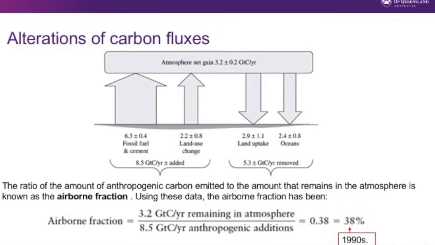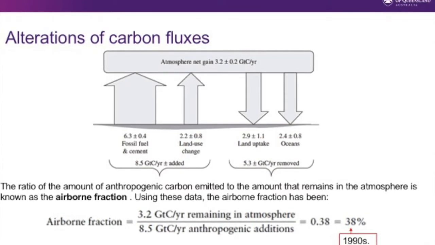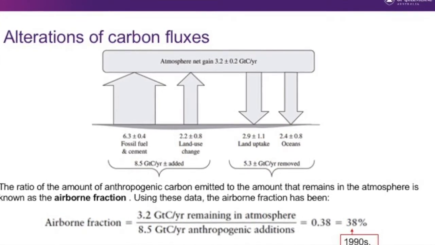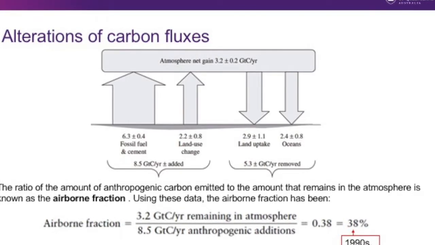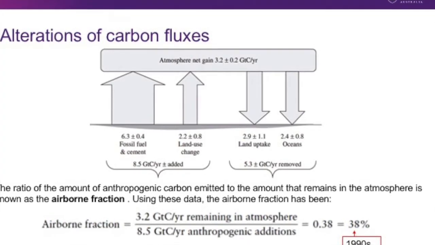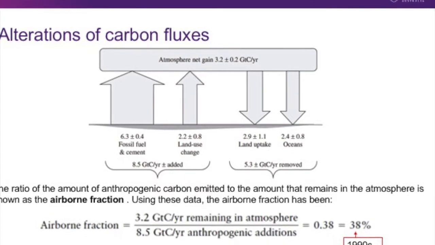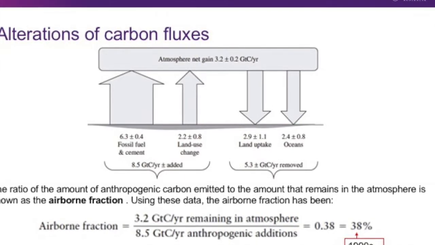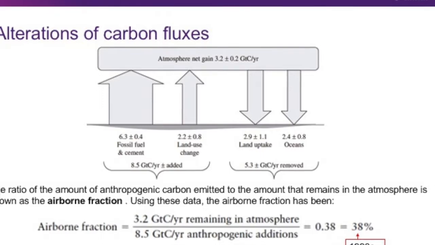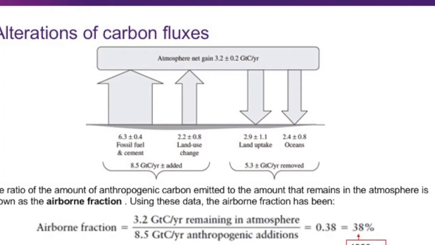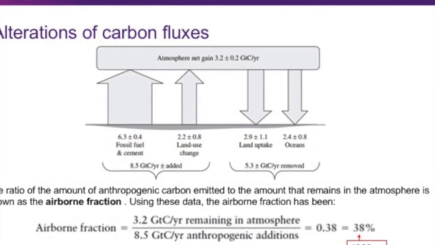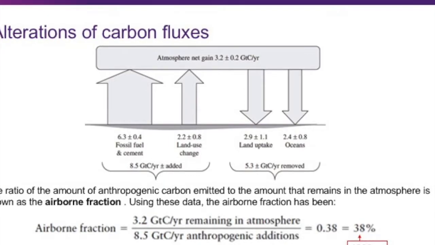When this balance was done from the data of 1990s, this airborne fraction was 38%. Nowadays, the airborne fraction has been estimated to be 45%. Roughly speaking, it means that almost half of the carbon that we emit to the atmosphere remains there.